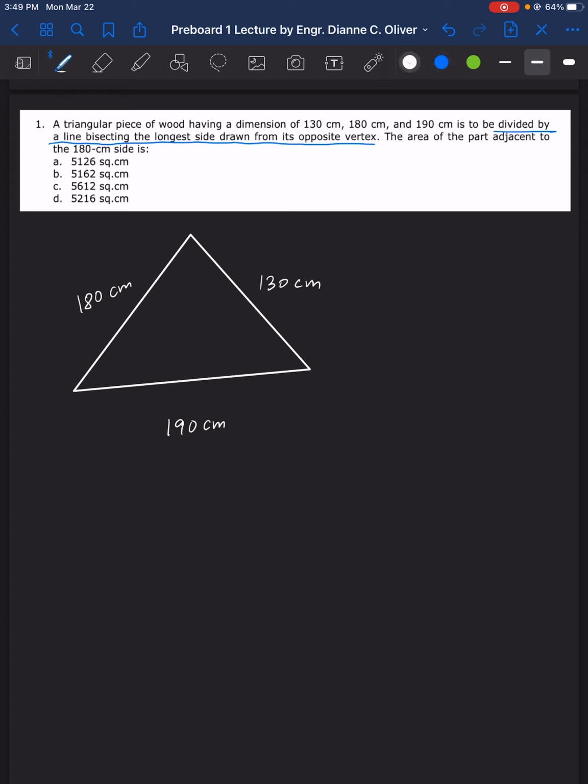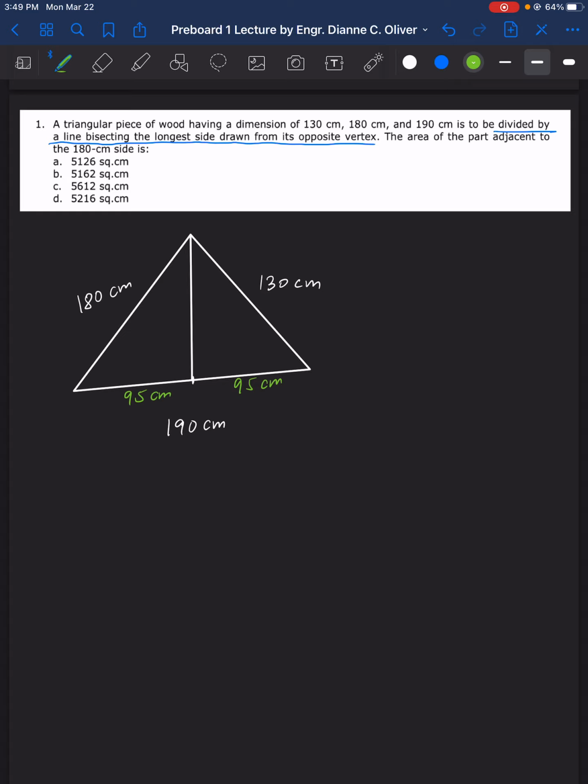So the longest side is being bisected. When we say bisected, meaning that line is being divided into two equal parts. So the longest side is bisected by drawing a line to the opposite vertex. Therefore, this now becomes 95 centimeters and then 95 centimeters.